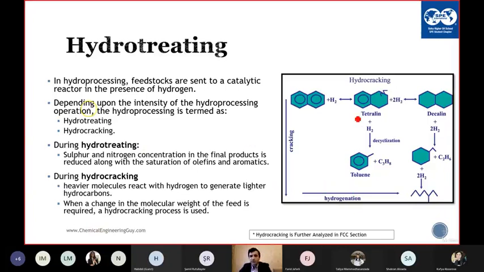But in hydrotreating, the sulfur and nitrogen are directly hydrogenated and separated as NH3 and/or H2S.